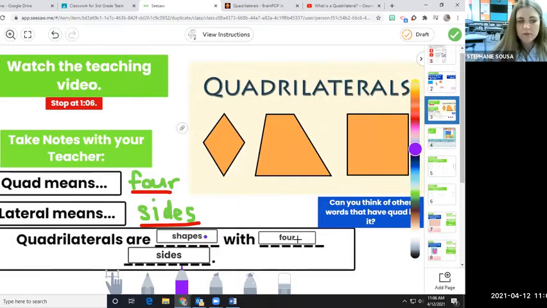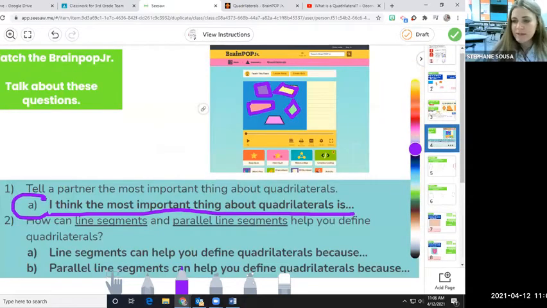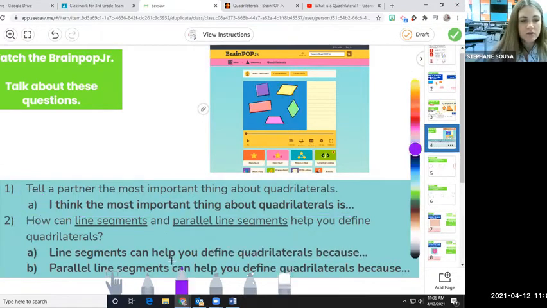Quadrilaterals are shapes with 4 line segments or 4 sides. All quadrilaterals have 4 line segments and sides. Thank you, Daniel. Wonderful. Line segments can help you define quadrilaterals because, as Daniel just gave us that example, there are 4 line segments on every single quadrilateral. They can help us define that.